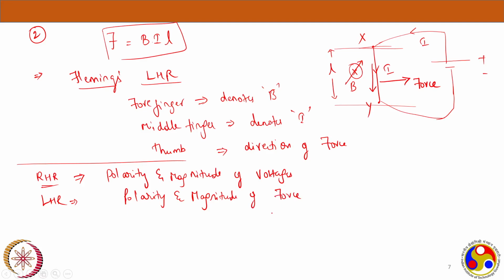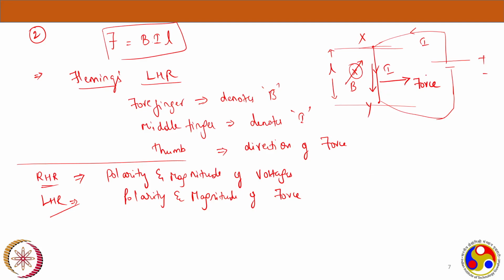Usually it is also said that in electrical engineering, left hand rule is for motors and right hand rule is for generators. Why is left hand rule for motors? Because you are experiencing some kind of motoring operation: because of this experienced force, the conductor is moving.